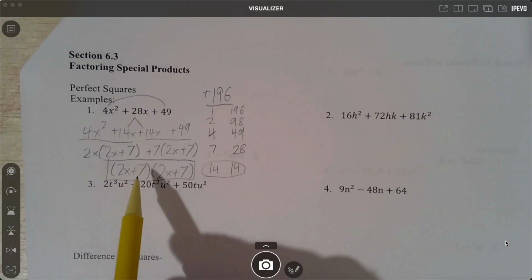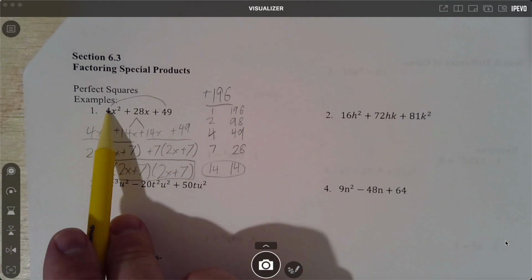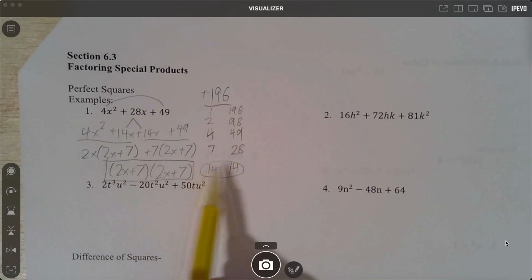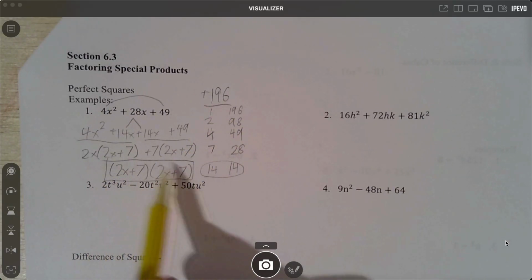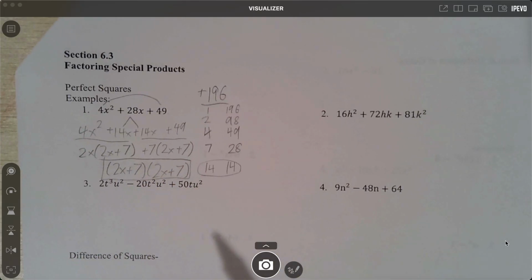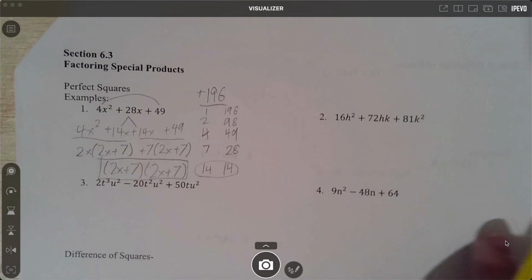So that's the idea: when you see a perfect square leading and a perfect square ending, don't even bother with the by grouping. Try this first. Jump right to these parentheses first, and then FOIL it out mentally or on the side and verify that it is actually the true solution.